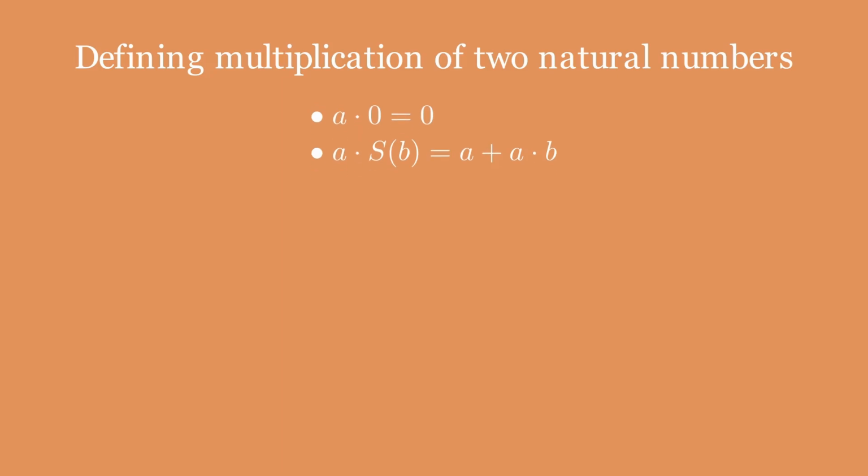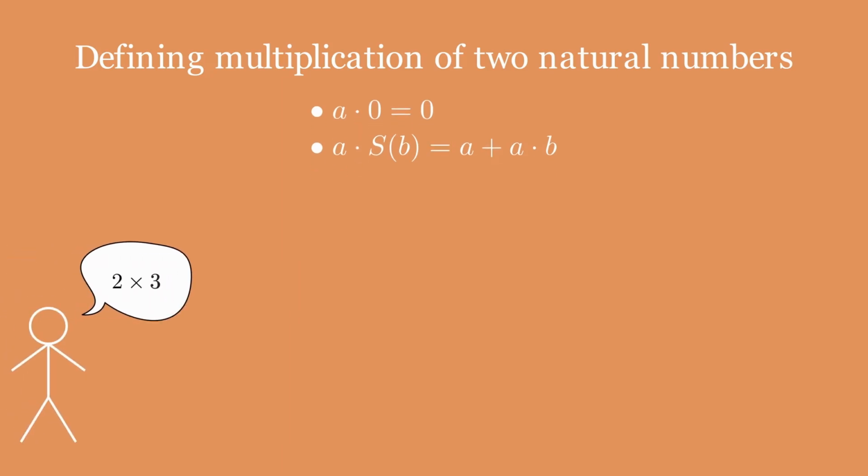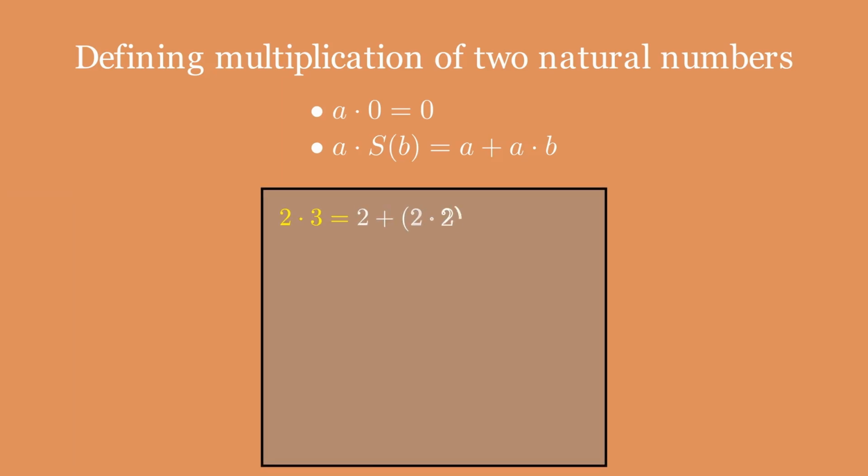Let's see this in action. Consider multiplying 2 and 3. We firstly notice that 3 is the successor of 2 and use the second property. We then proceed to use the second property a couple more times until we get multiplication by 0.